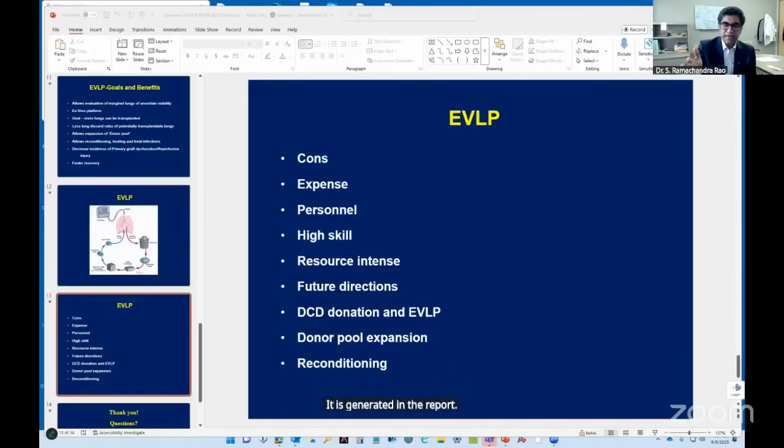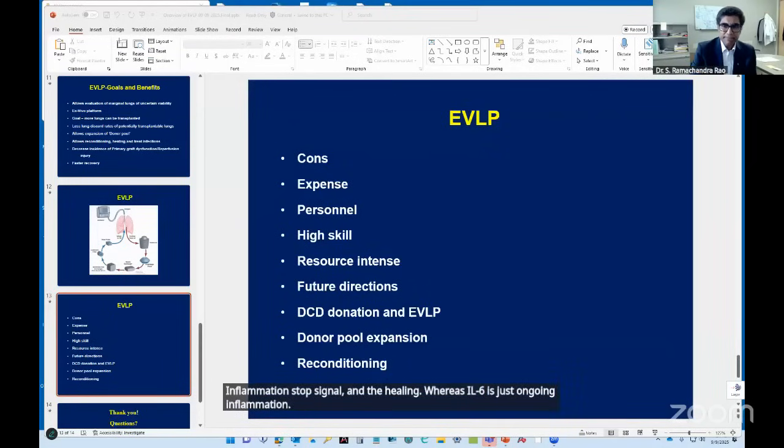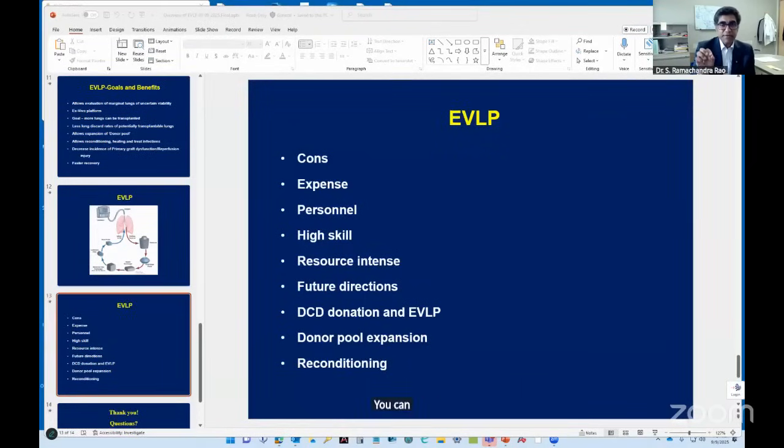IL-10 marks the inflammation stop signal and the healing, whereas IL-6 is ongoing inflammation. You can sometimes plan your steroids after transplant based on the cytokine profile too. It's not validated, but it gives you an understanding of the basic pathophysiology.